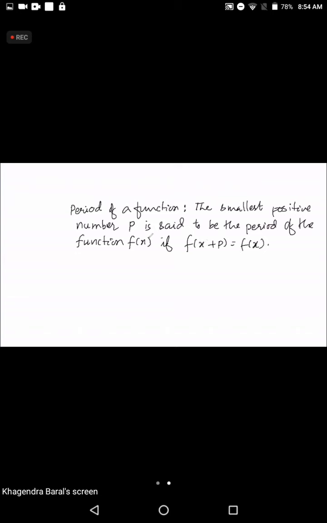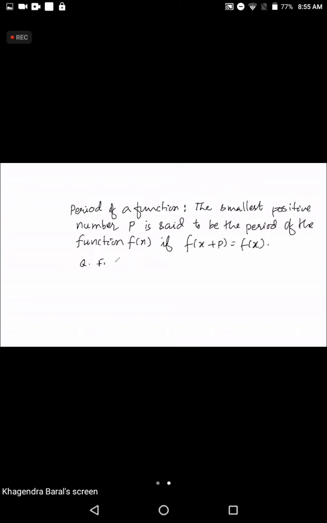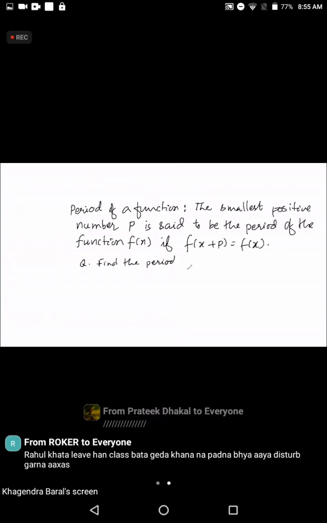Here we find the period of the function f of x is equal to sin x. Let me write the question. Find the period of the function f of x is equal to sin x.